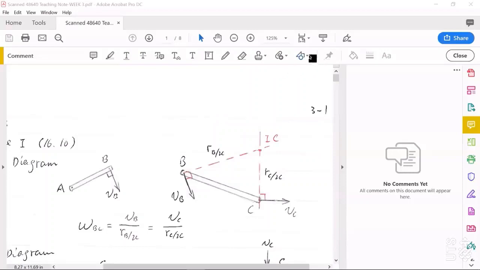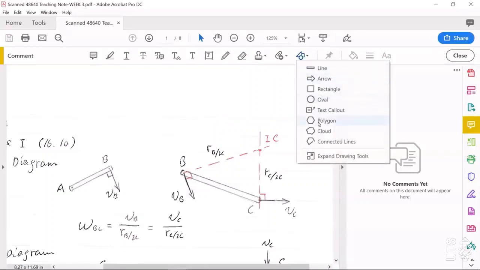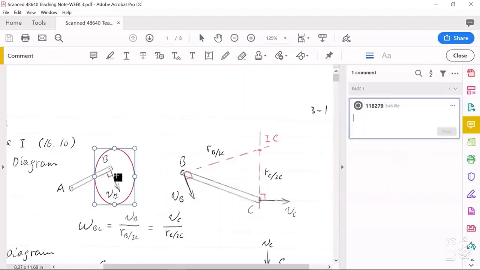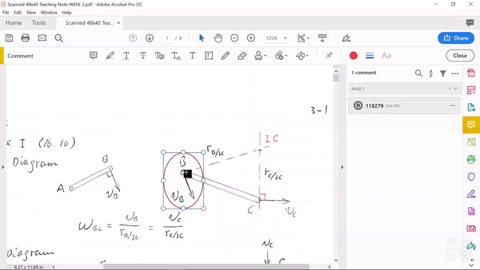Then what we can do is copy everything from point B on rigid body AB from here to here. Then we know the direction of VB on rigid body BC.